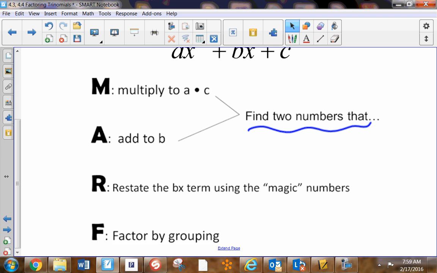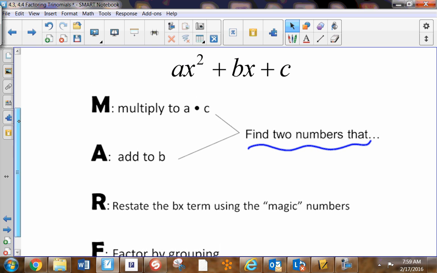I call it the AC method. Whatever method works, do it. They're all just different ways to help you remember how to do it. And once I show you MARF, you'll go, oh yeah, I remember how to do that. Hopefully.